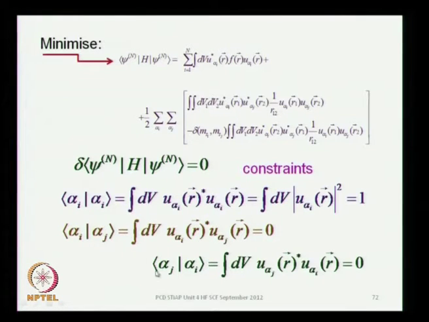So, you have to maintain alpha j alpha i equal to 0 and also alpha i alpha j equal to 0, because when you are carrying out the variation it is possible to carry out the variation in the real part and the imaginary part separately. So, your constraints must include all of these relations.